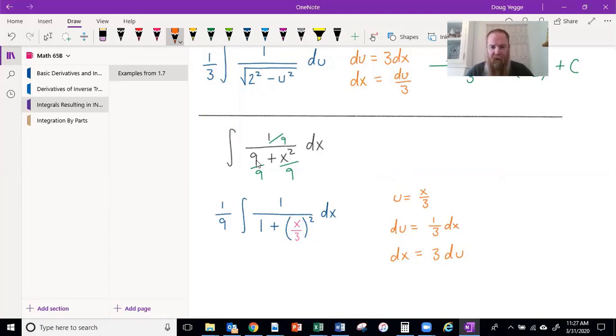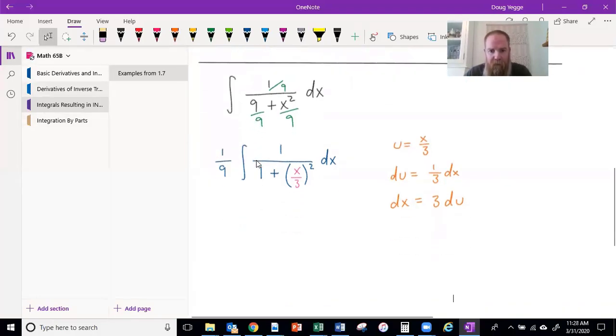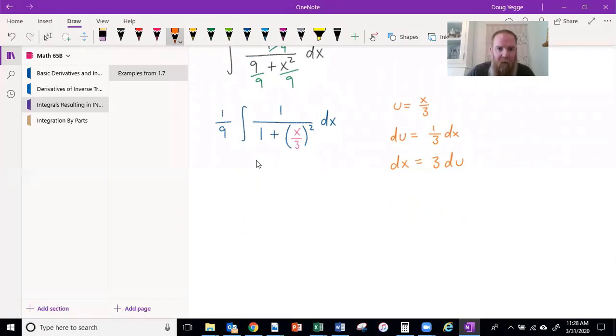All right, so let's see here. If we were to now convert everything, let's take a look at what we got. We got 1/9 on the outside already. We now have the integral of, well, x over 3, that's easy.